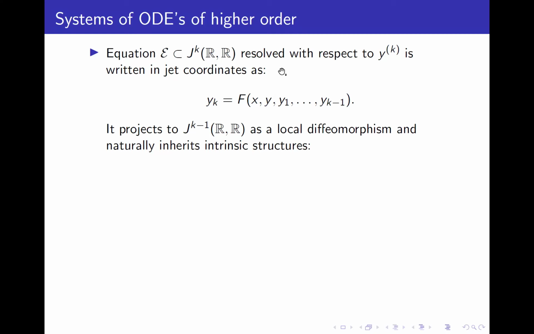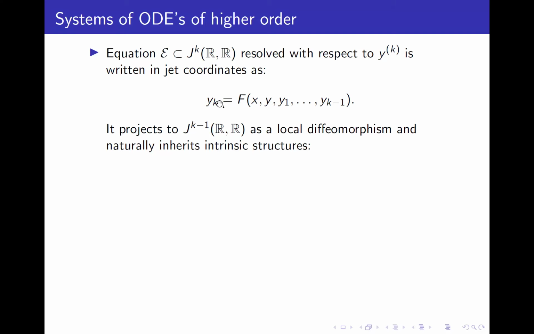So what is the setup of the geometric approach? Viewing an equation as an object of differential geometry. First of all, I mentioned already that equations, scalar ODEs for me, are just hypersurfaces in the k-th jet space. I will often use coordinate notation, jet coordinates, which would be x, y, y0, y1, etc., yk. And then our ODE turns into just a single functional equation that defines a hypersurface.